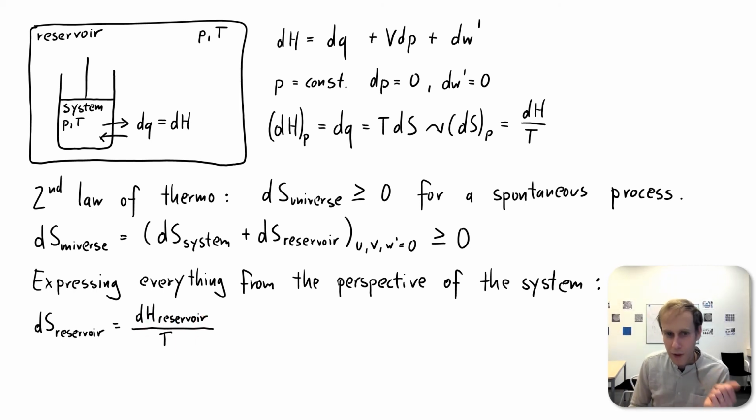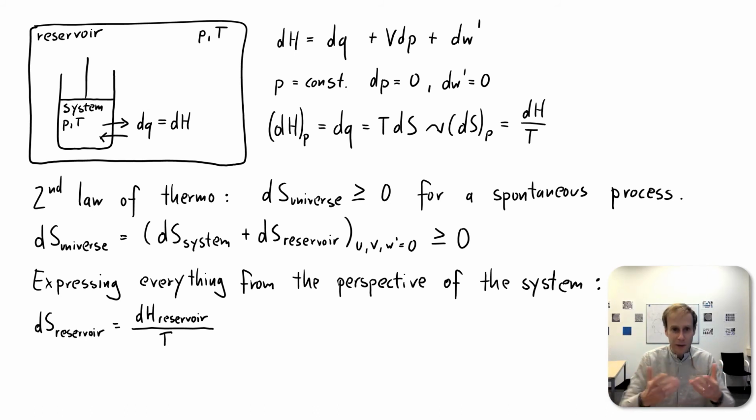Okay, now what is that enthalpy change of the reservoir? Let's think about it. We know that the enthalpy change corresponds to the heat that is exchanged across the system's boundary. When the system now gives heat to the reservoir, that basically means that exactly the same amount of heat will arrive in the reservoir.